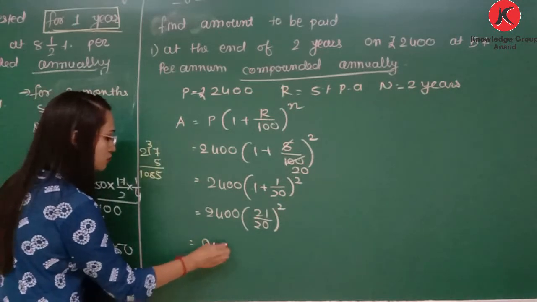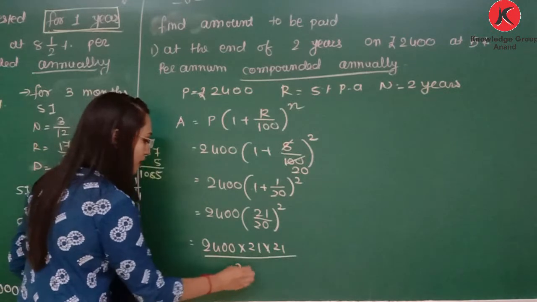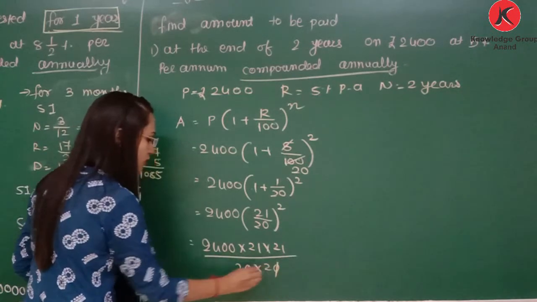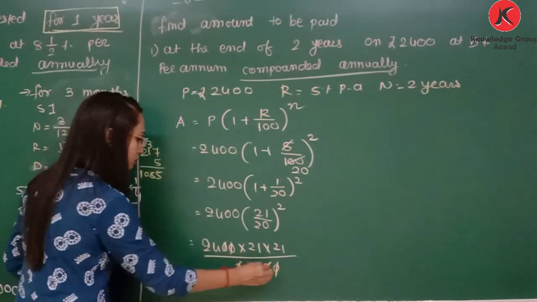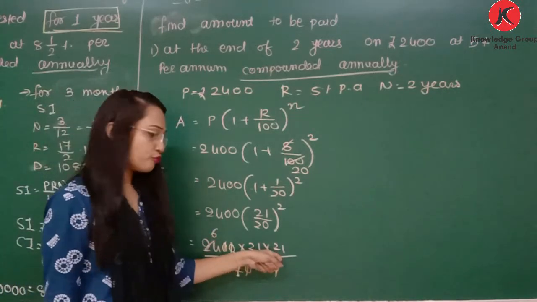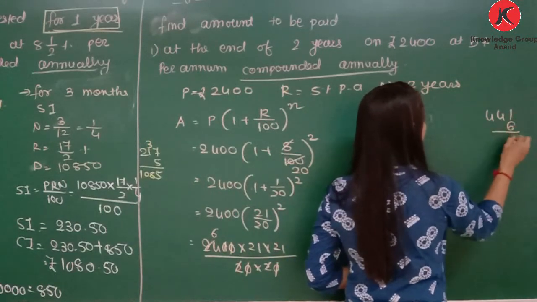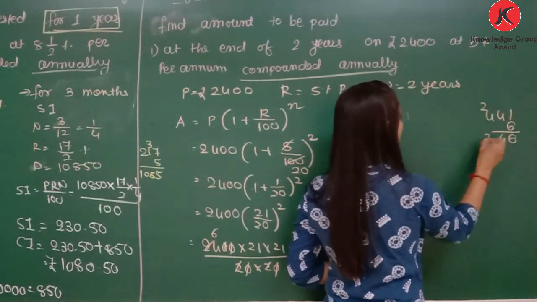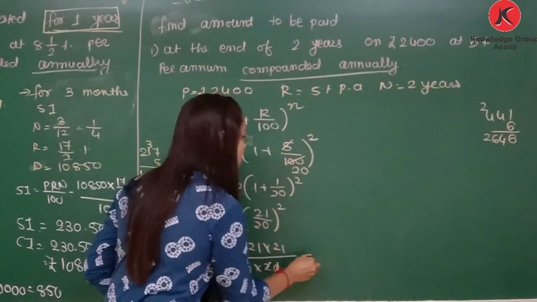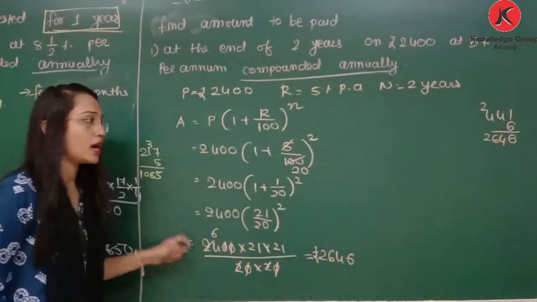So it is 2,400 multiply 21 multiply 21 divide 20. So here 20 will be cancelled. 6. 21 multiply 21 is 441 multiply 6. So it is 2,646 rupees. That is amount after 2 years.